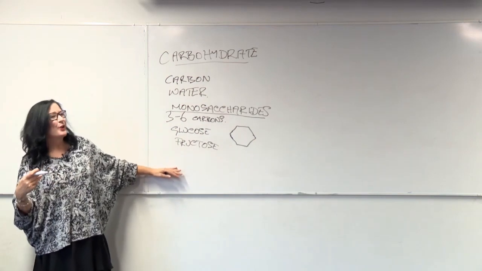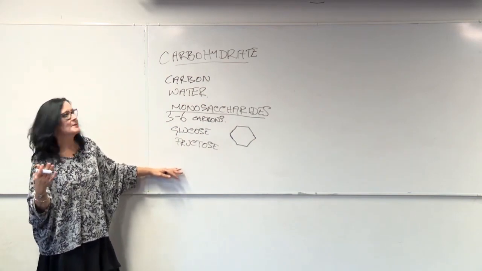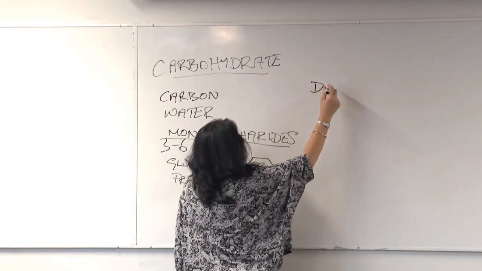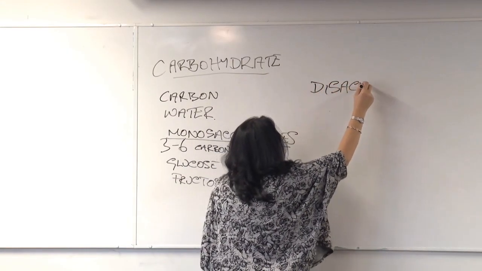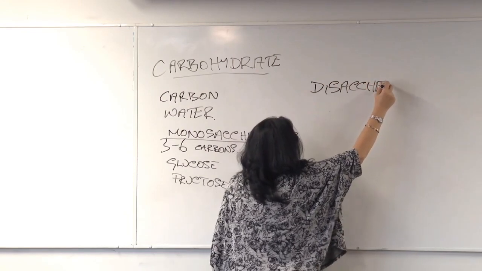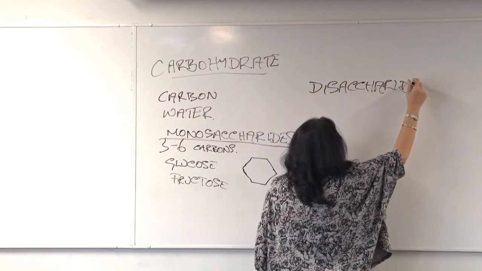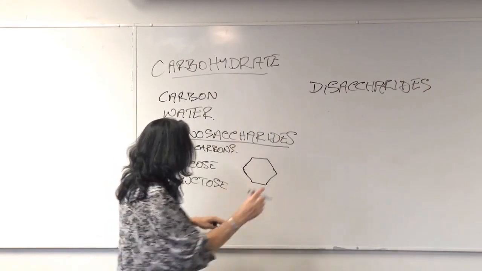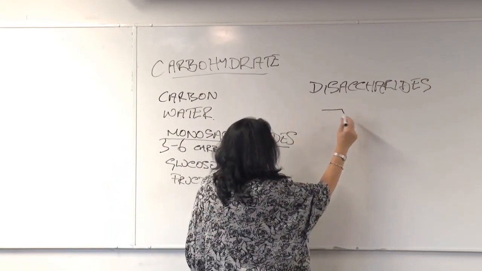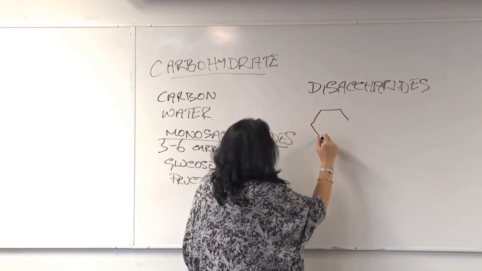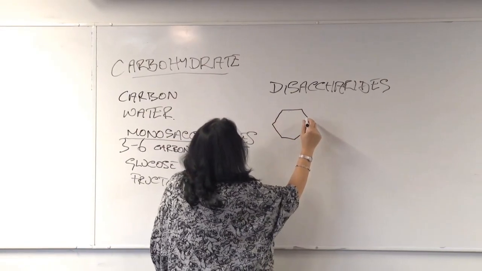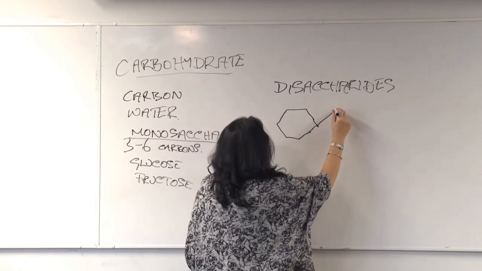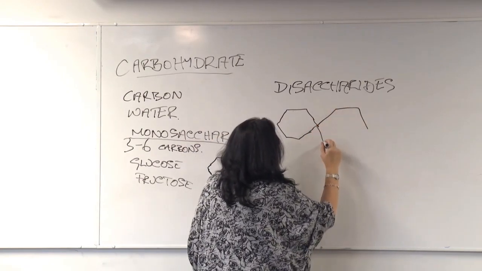Our next most complex, I suppose, or complex is a bit of a joke, are disaccharides. Again, pretty straightforward. We have 2 monosaccharides joined together. Well, I'm running out of space. There we go. And now another one.